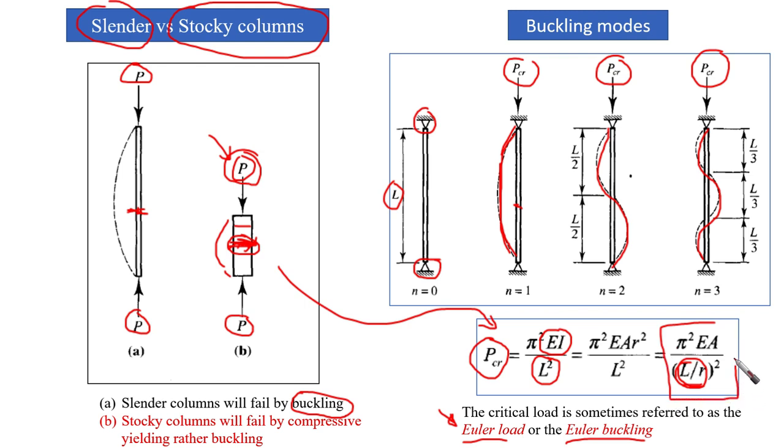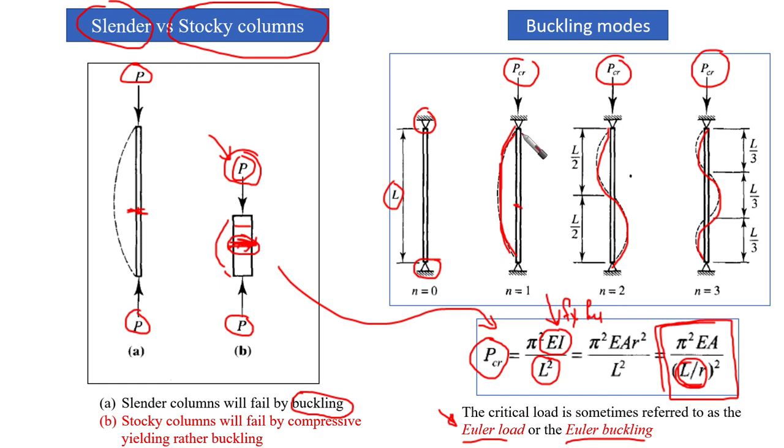Now I want you to look at this equation. First of all, we need to notice something. In this equation, there is no mention of the yield of the material. I didn't mention F yield, and I didn't mention F ultimate either. What does it mean?